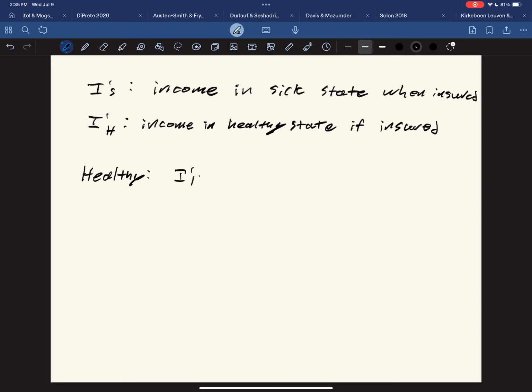I prime H is equal to IH minus R, and sick, I prime S is equal to IS minus R plus Q.